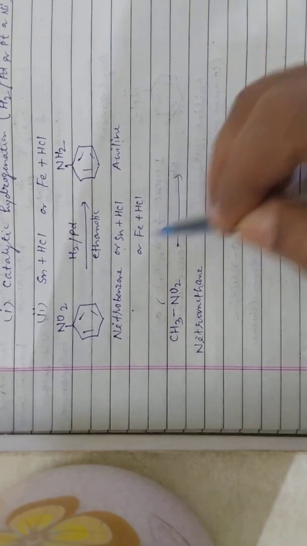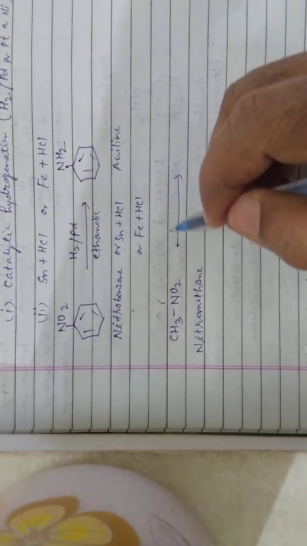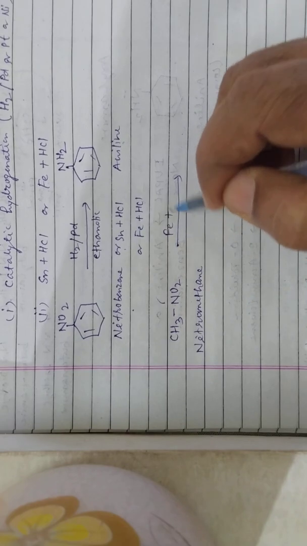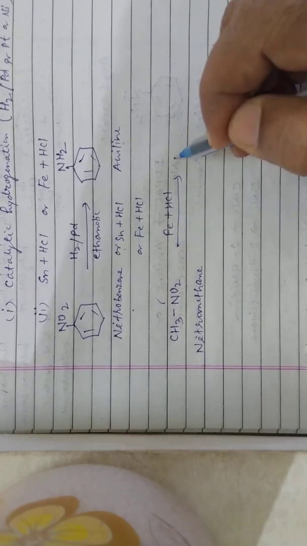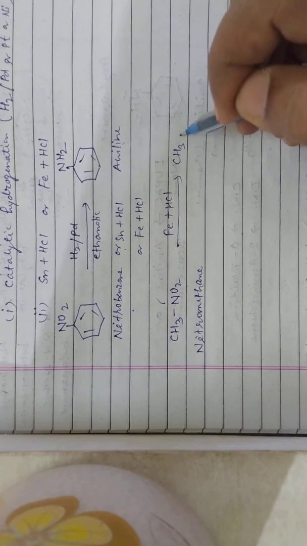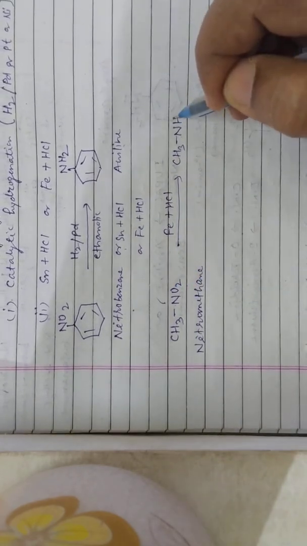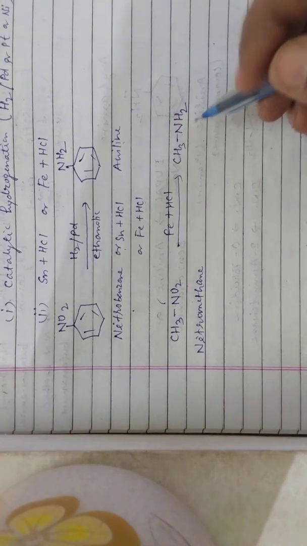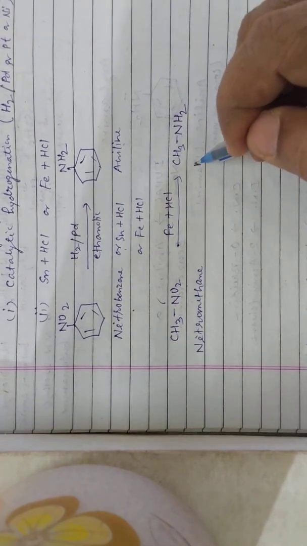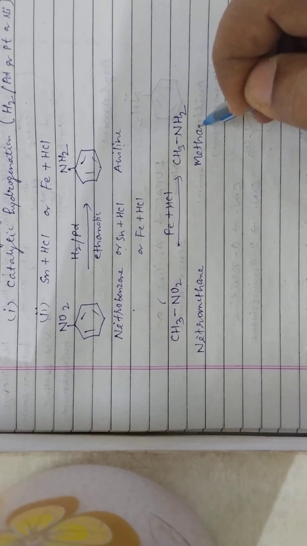So we are taking any of the reducing agents. We are taking Fe plus HCl. Then we will get CH3, and in place of NO2 you have to write NH2. Very simple. This is methanamine.